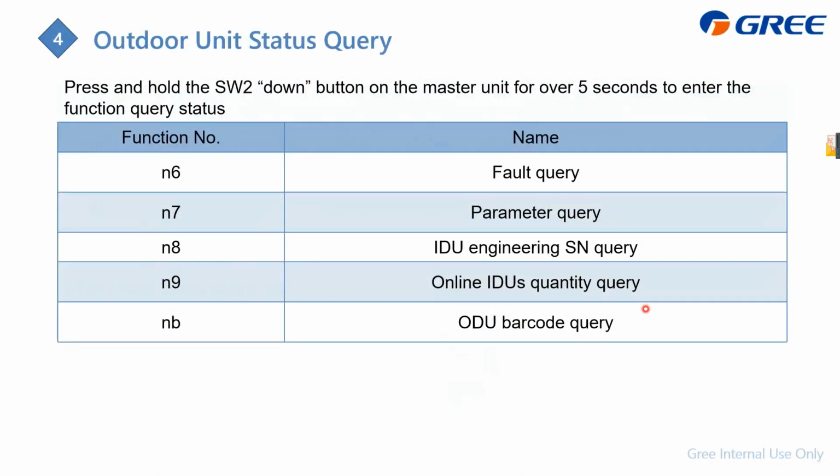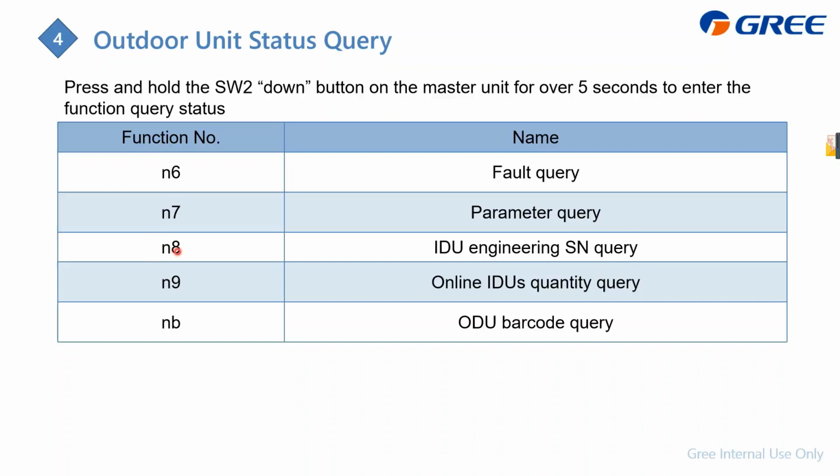We can also check some running parameters by the function called N6. N6 is a photo query, like all the error codes, and we can check them through N6. N7 is parameter checking, where you can check some parameters of the unit and the running mode.